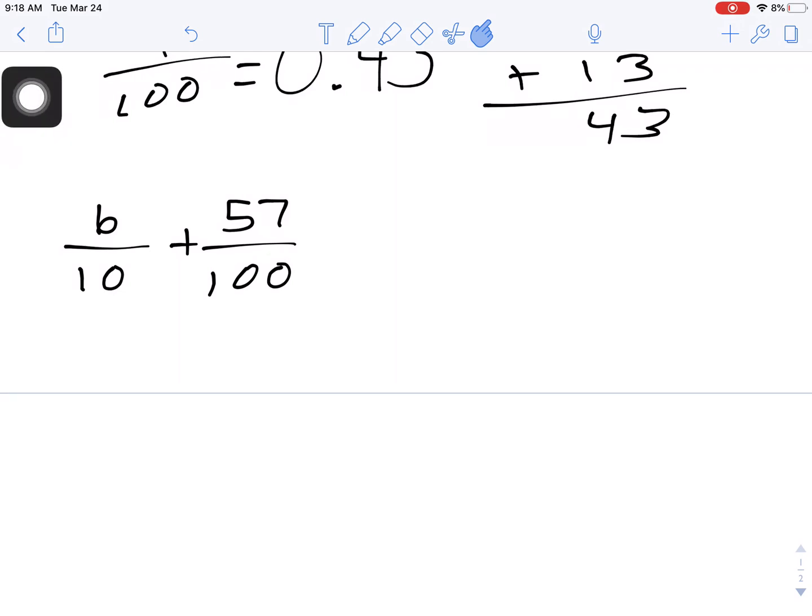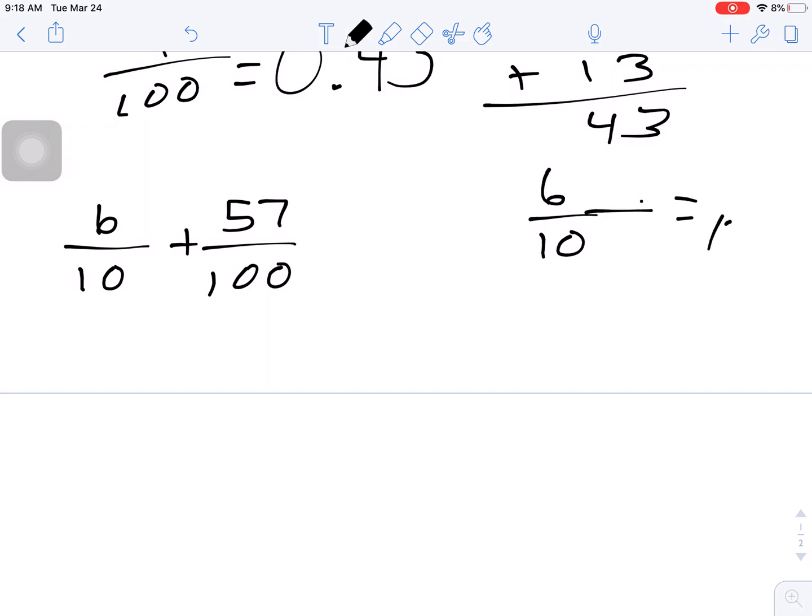So let's look at 6/10 plus 57/100 together. When I add them, remember, I have to have like denominators. So I look at my 6/10 and my 57/100, and I can turn my tenths here into hundredths again by timesing them by 10. So I would go 6/10, and I need to get them into hundredths.